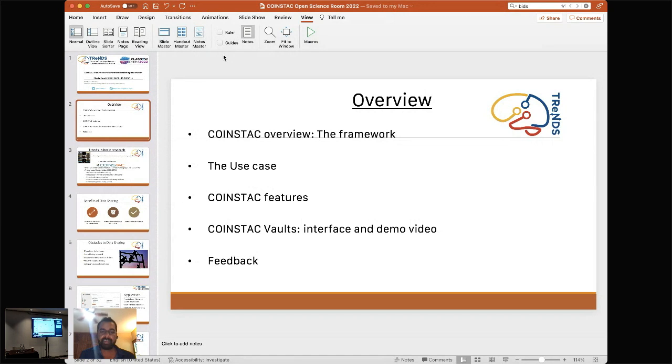I will also describe some of the features of COINSTAC, and the most important thing I will talk about is the vaults that we introduced into COINSTAC recently. There will be time for feedback and questions at the end, but if you do have an important question in the middle, you are welcome to post it.